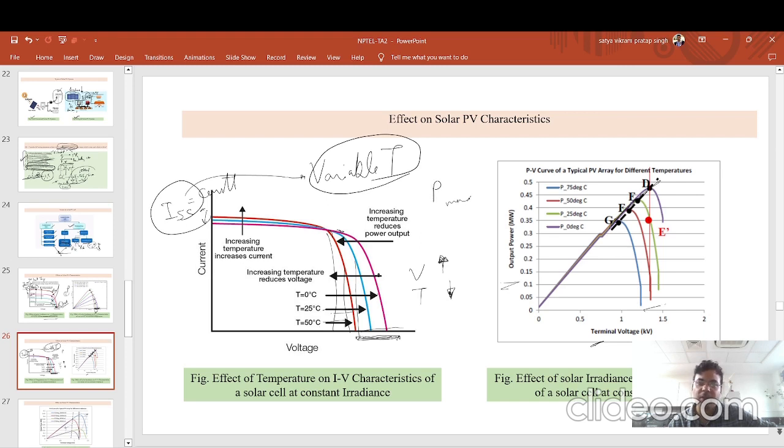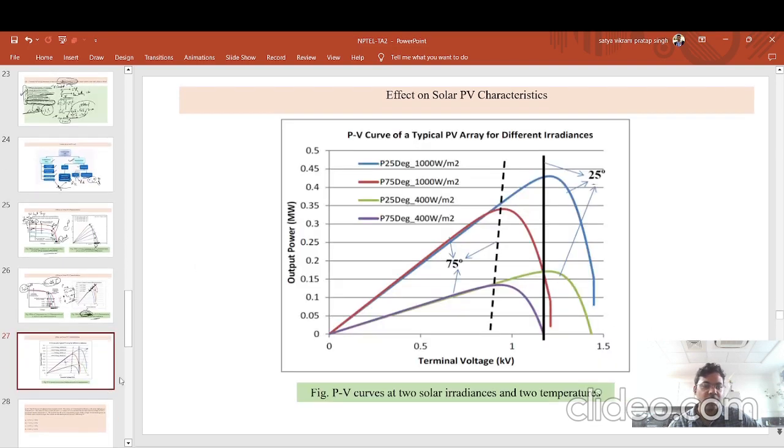Pmax also varies during the variation of temperature, and ISC remains nearly constant, and VOC is very high during the variation of temperature at a constant irradiance. This is wrongly written. This is the effect of temperature at a constant irradiance.